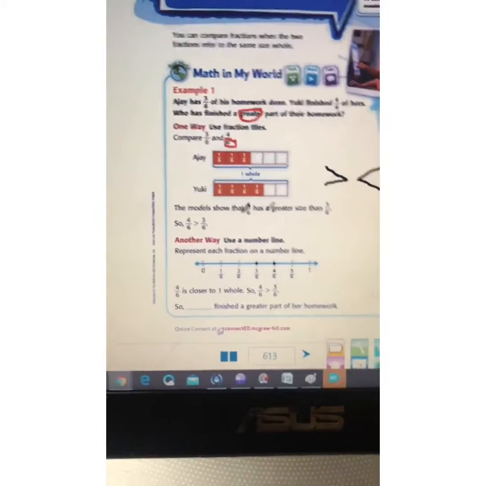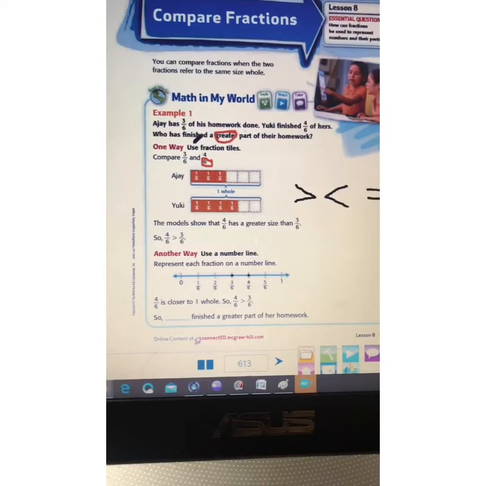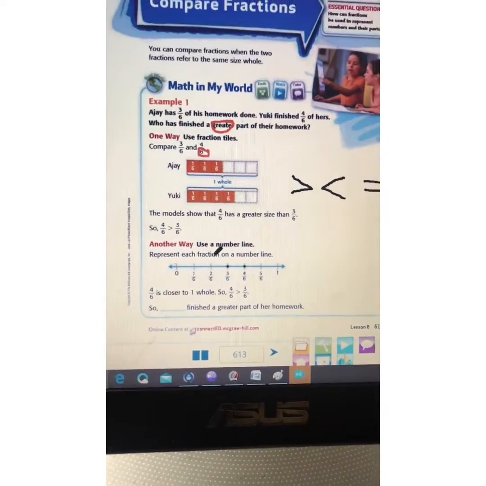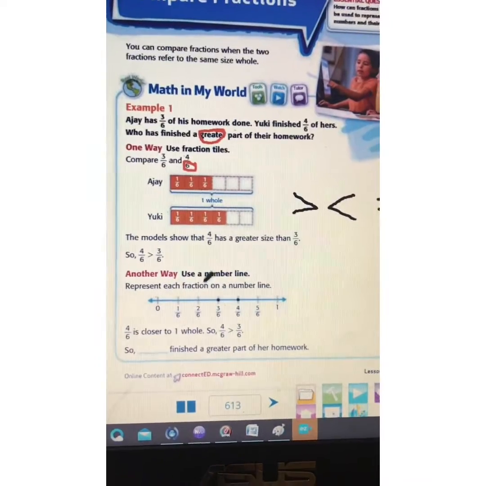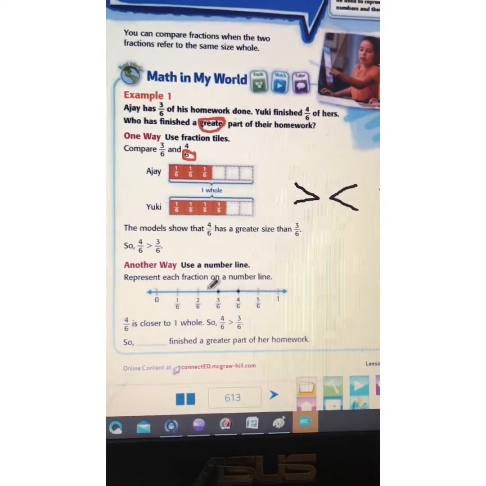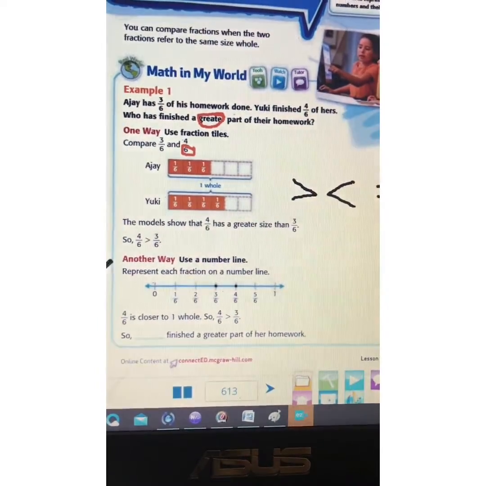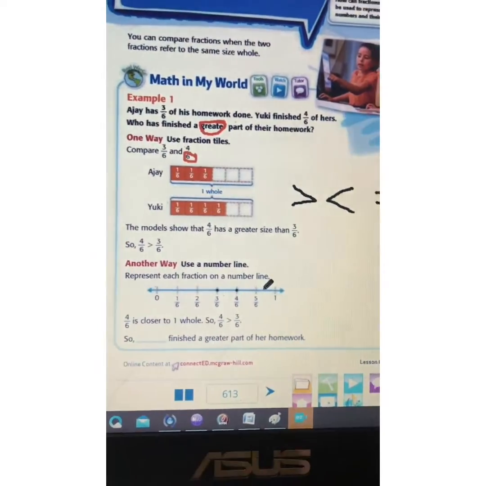Alright, going back. We discussed already the first way, using fraction tiles. And another way is using a number line. As you can see, the given is a line with numbers on it.